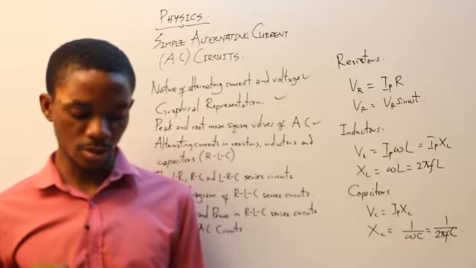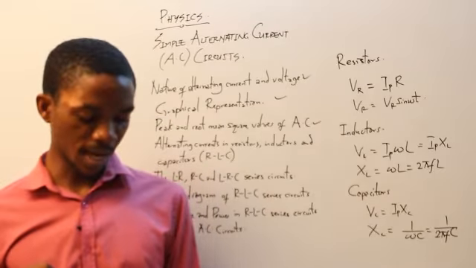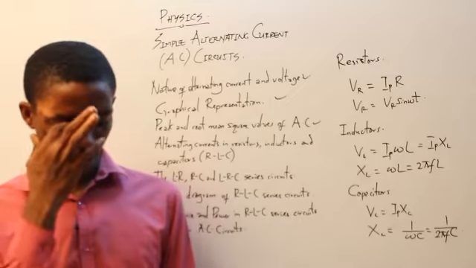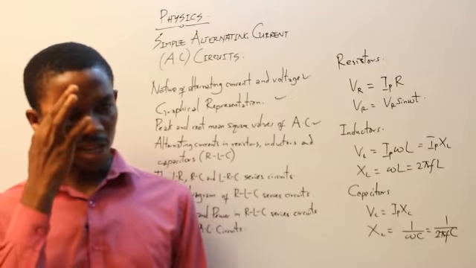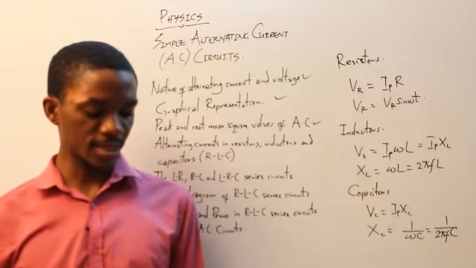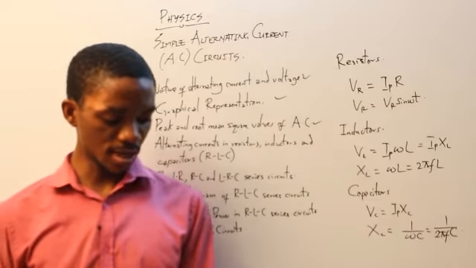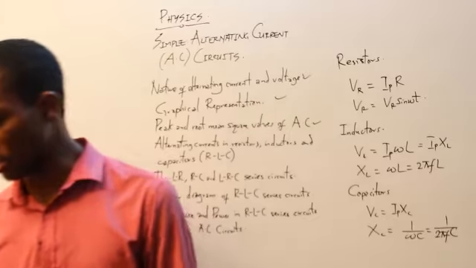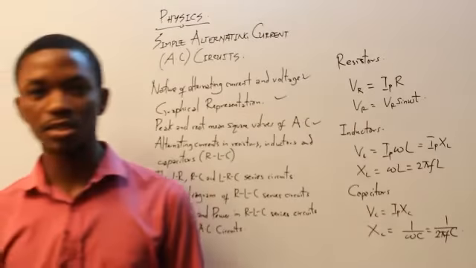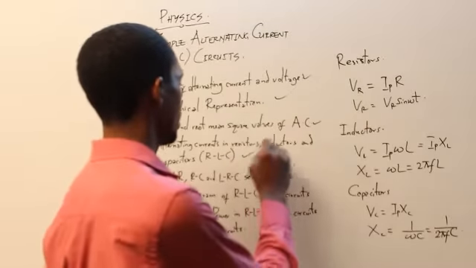But in inductors, the current lags the voltage by 90 degrees, and in capacitors, the current leads the voltage by 90 degrees.